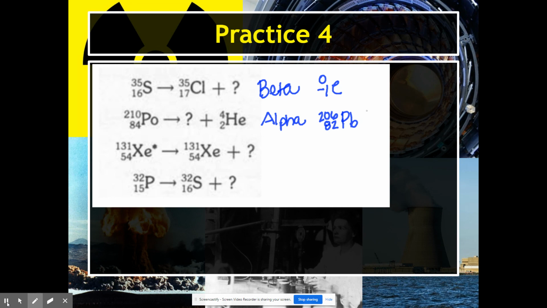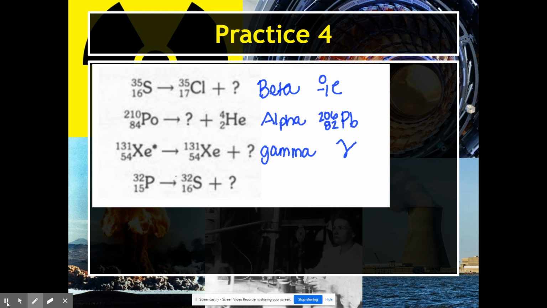Next, we have xenon-131 with an atomic number of 54. In our products, we have xenon-131 with an atomic number of 54. That means this is gamma radiation, and our question mark should be our crazy V. Next, we have phosphorus-32, 15 making sulfur-32, 16 and a question mark.